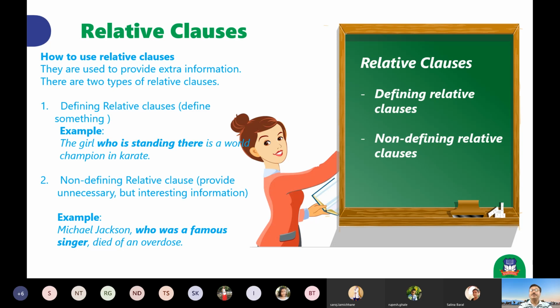Anybody please? Tell me if you notice any difference in the structure. Students, I'm asking you, what's the difference you find in these two sentences? Isn't there anyone to tell?